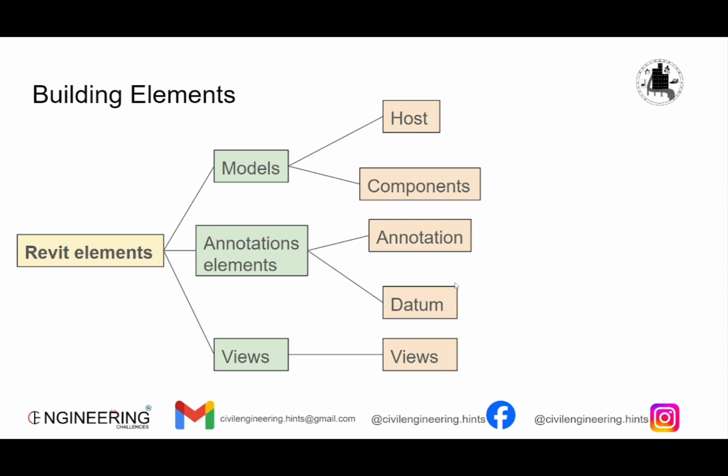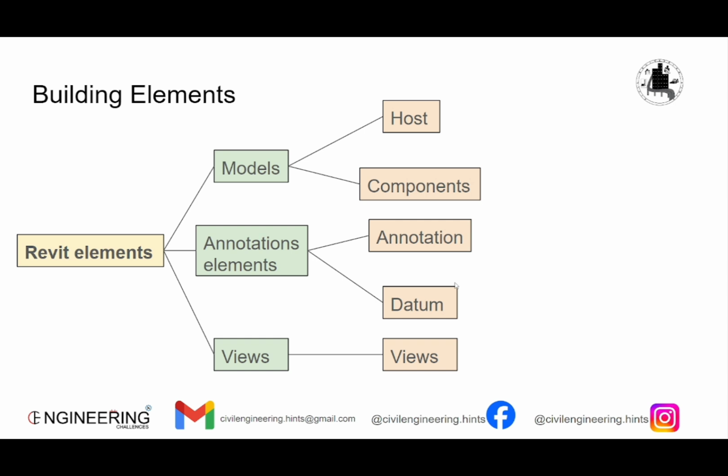These are view-specific 2D elements such as dimensions, text notes, and section tags. These elements help to produce building documentation. Datum elements are elements such as levels, column grids, and reference planes which establish a context for project objects. These elements help put together a building design.